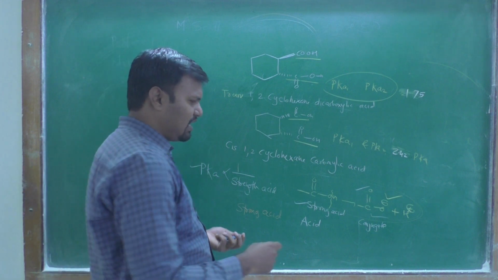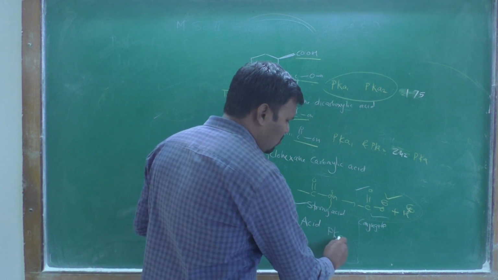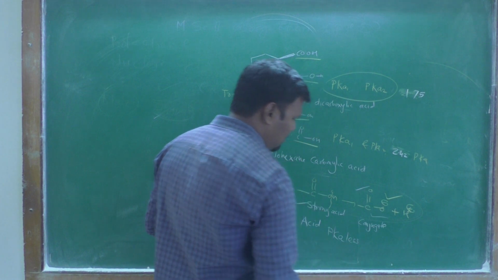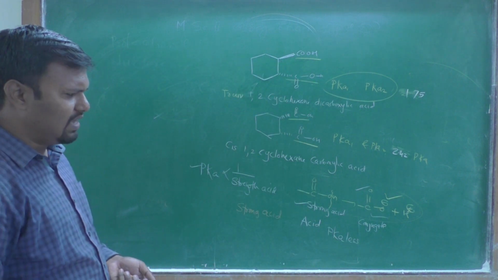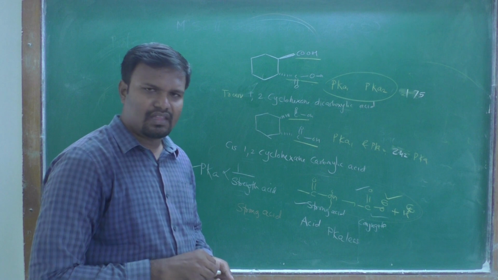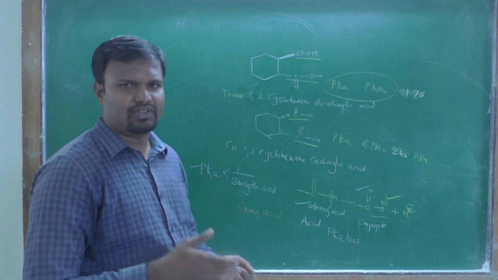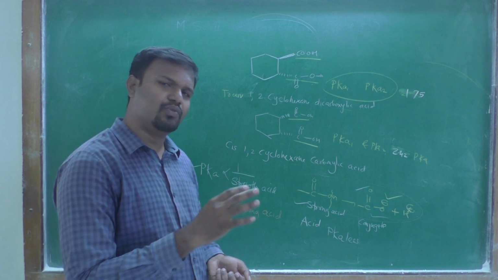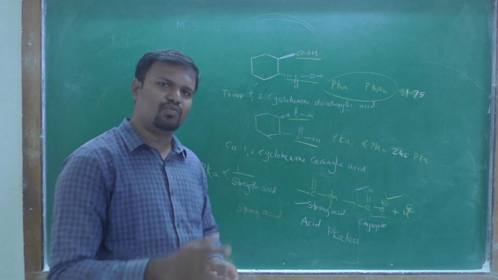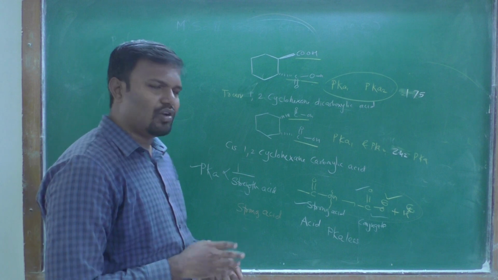If it is a strong acid, the pKa value is less. Remember, a strong acid's pKa value will be less. For a weak acid, the pKa value is higher. This is inversely proportional: pKa is inversely proportional to the strength of the acid.